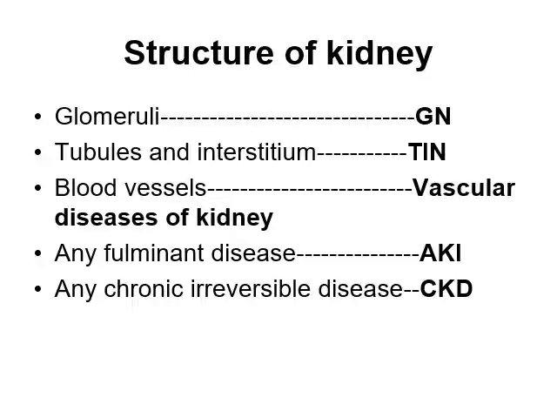When there is a fulminant disease affecting any of these four structures, we will have acute kidney injury. If there is chronic irreversible damage to any of these four structures, we will have CKD. So at the end of the day, we have these five groups of diseases that may affect the kidney in different structures.